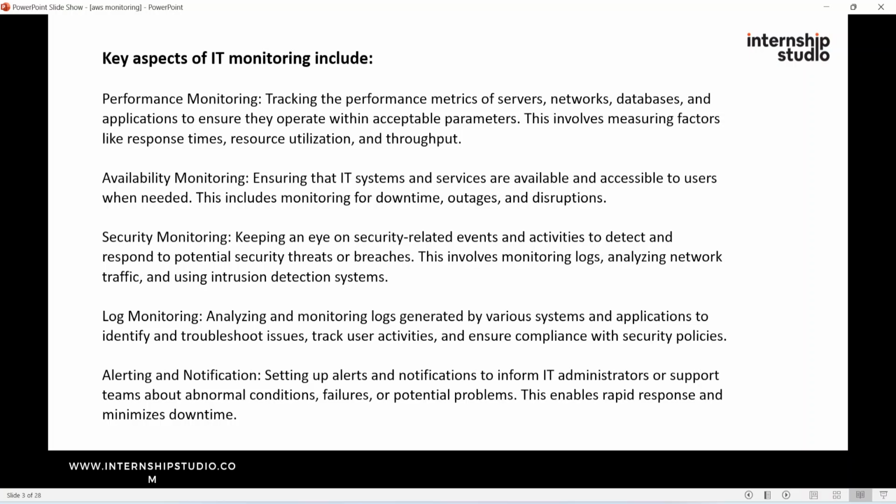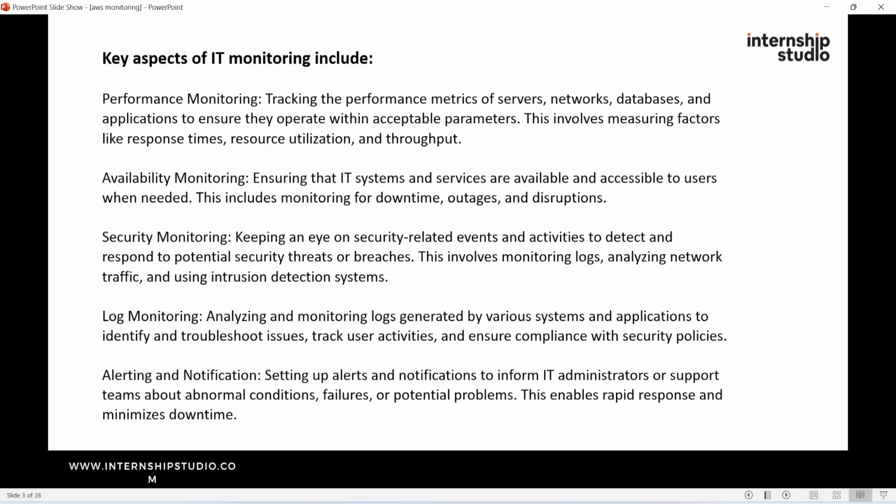It focuses on ensuring that the IT services and systems are available and accessible when needed. Imagine the lighthouse as a beacon of assurance, signaling that all is well. Availability monitoring tools help IT professionals track uptime, downtime, and response to ensure that the digital services are consistently available for users.